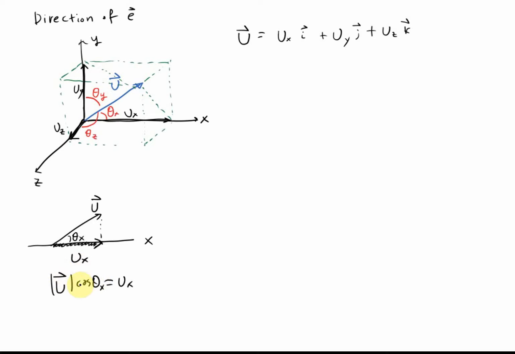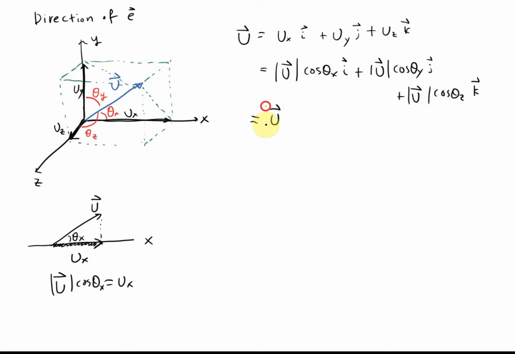So we replace ux with that: u cosine theta x i, and then uy is u cosine theta y j plus u cosine theta z k. If you rearrange this, it is u times cosine theta x i, cosine theta y j, and cosine theta z k, like that.